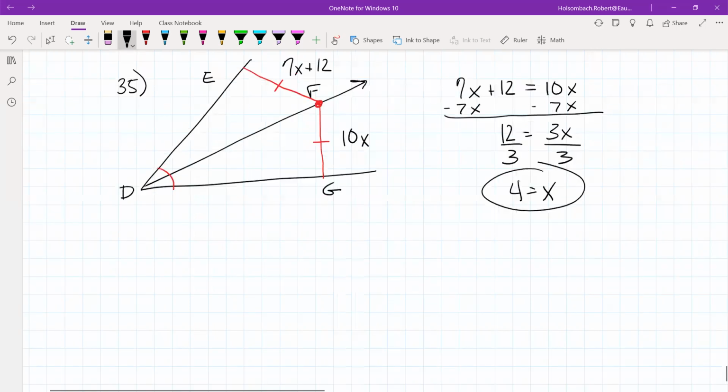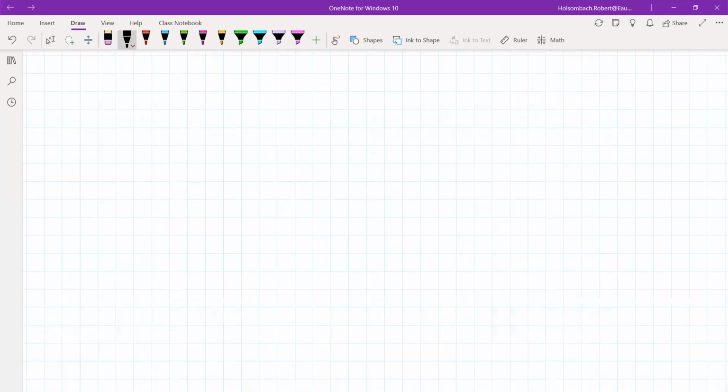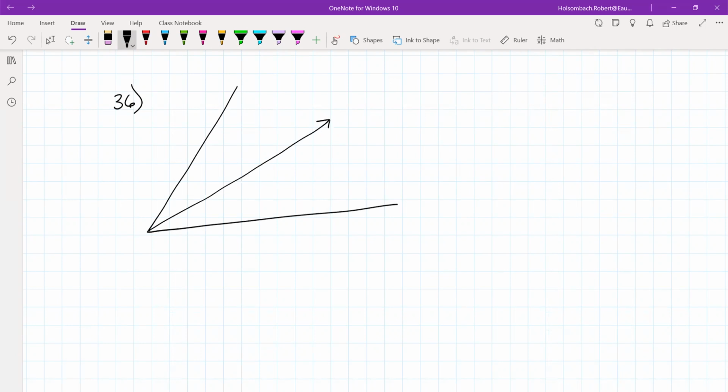In problem number 36, we've got the same concept. We've got an angle and we've got an angle bisector. We got angle TSR, point Q, that's on the angle bisector.